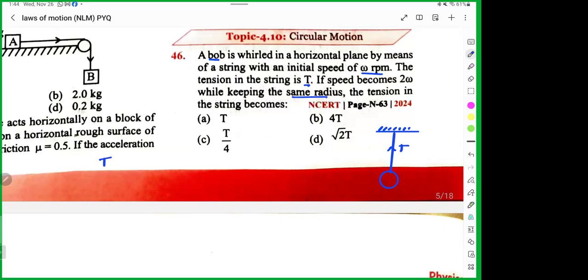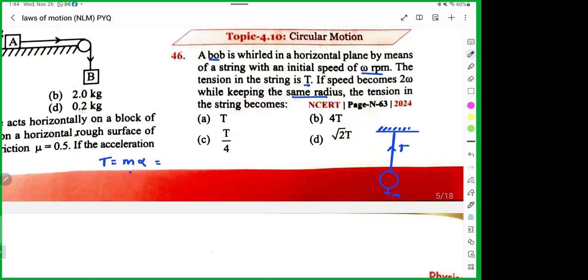Tension in this situation is equal to mg in the downward direction, because the bob has some mass m. And if it is rotating, then tension is equal to mass into acceleration.